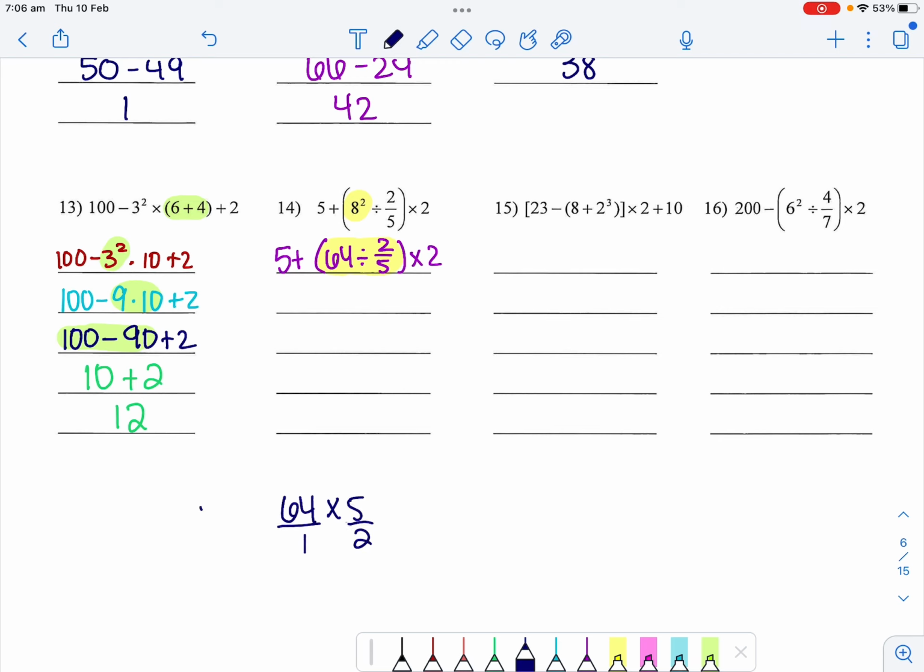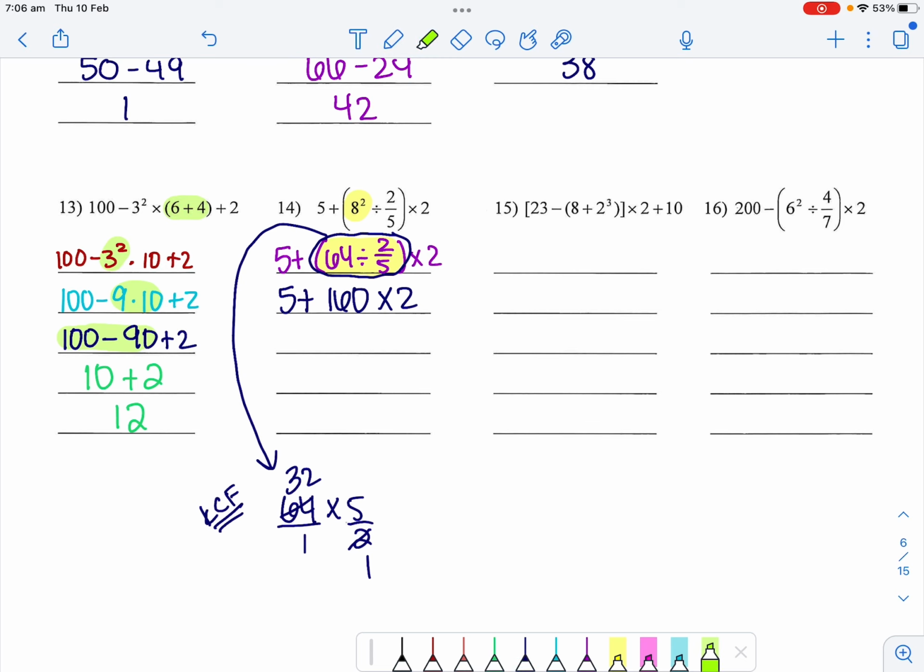Okay, so I'm going to do my keep, change, flip down here. This becomes a 32, this becomes a 1, and 5 times 32 is 160. So this is 5 plus 160 times 2. So I took this division and I did my fraction division down here.